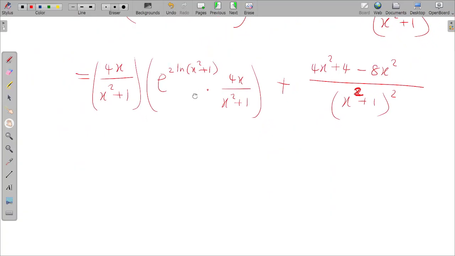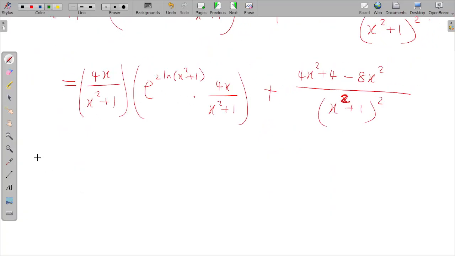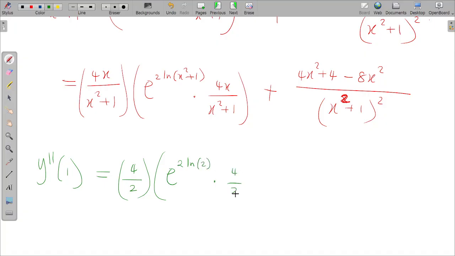Then you need to substitute the value at 1. So y double prime of 1 is 4 over 2, this is 1, this will be e to the 2 ln of 2, multiplied by again 4 over 2, plus, this is supposed to give us minus 4x squared plus 4.